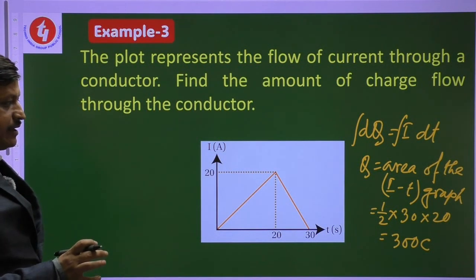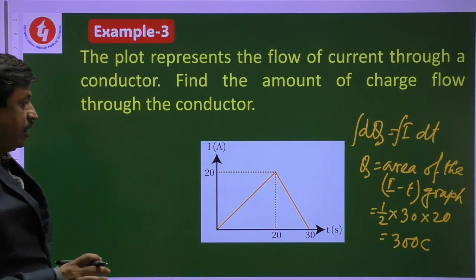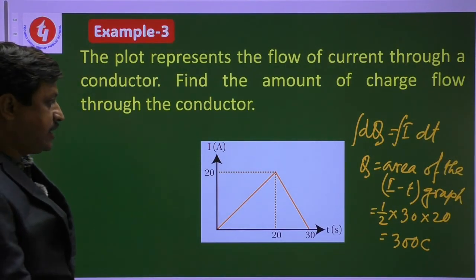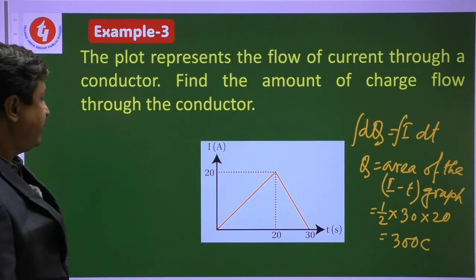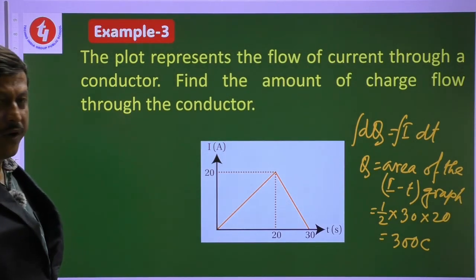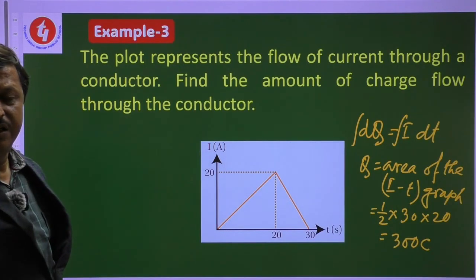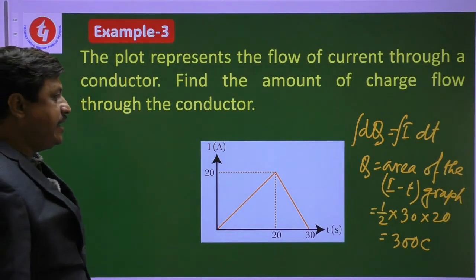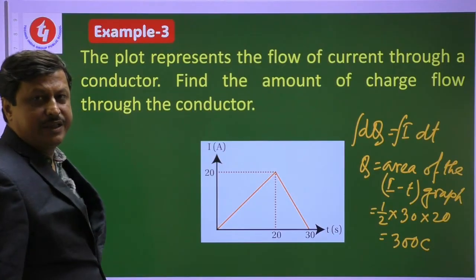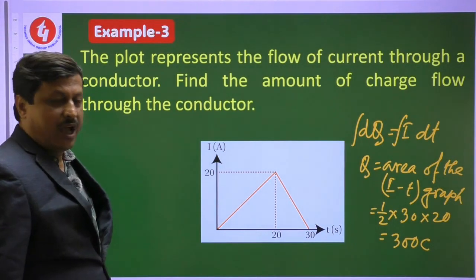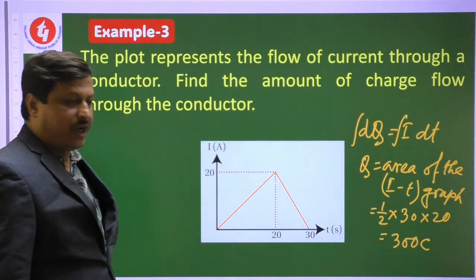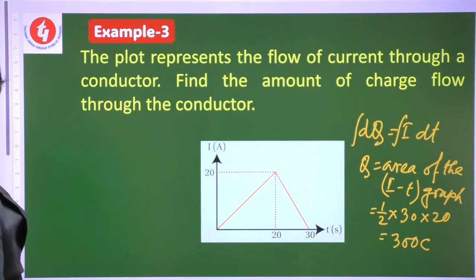So you have to memorize that if the I-t graph is given and you have to find the charge flow through the conductor, then the area of the I-t graph represents the amount of charge flow through the conductor. Okay, area of the graph.